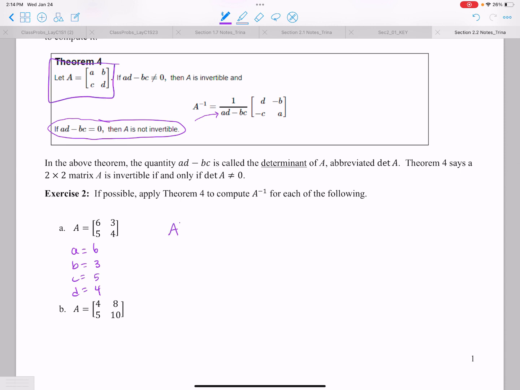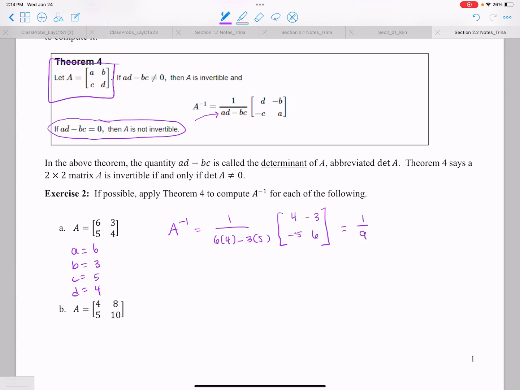And so A inverse is 1 over AD minus BC times the matrix 4, -3, -5, and 6.